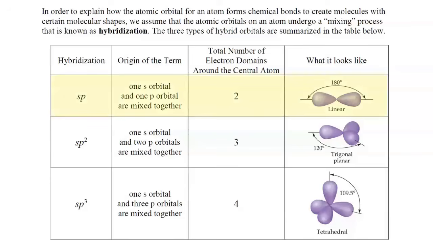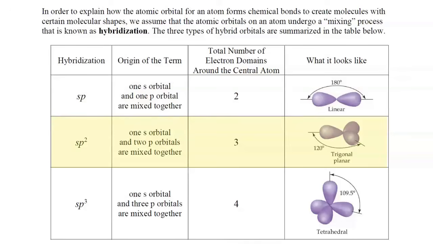So sp involves the mixing of one s orbital and one p orbital for a total of 2 electron domains around the central atom with an arrangement that is 180 degrees. sp2 hybridization involves a mixing process where one s orbital and 2 p orbitals are combined together.